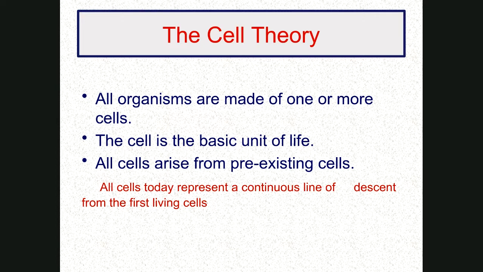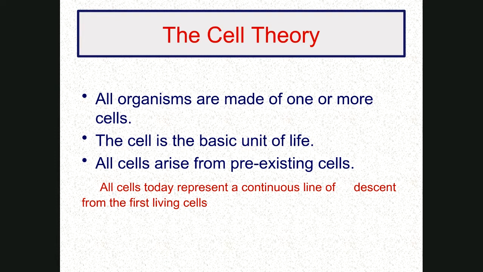How do we study those cells? Not all cells are visible to the naked eye. Most of the cells are less than 50 micrometers in diameter, so we cannot see them with the naked eye. We need very specific tools to look at them: the microscope.